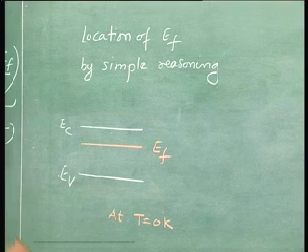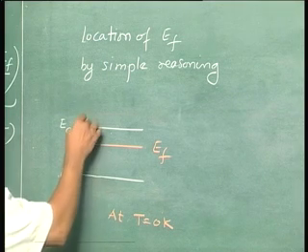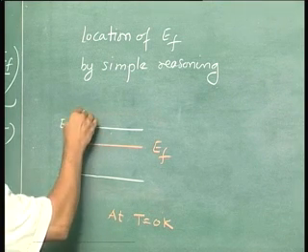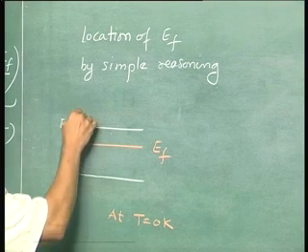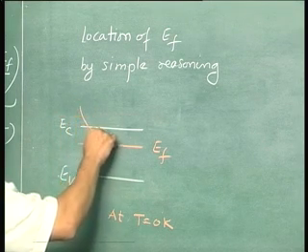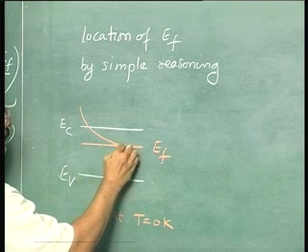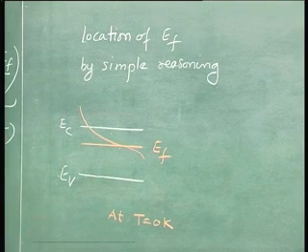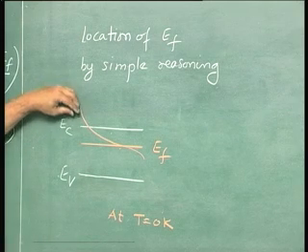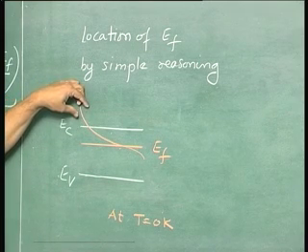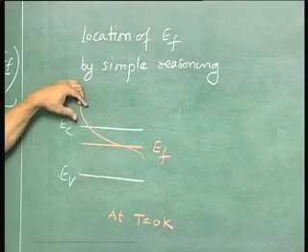Now at t greater than 0, the Fermi-Dirac fraction, if I were to find out based on this EF, it would be something like this. Using this Fermi-Dirac fraction, I can find out the number of electrons using our formula here.